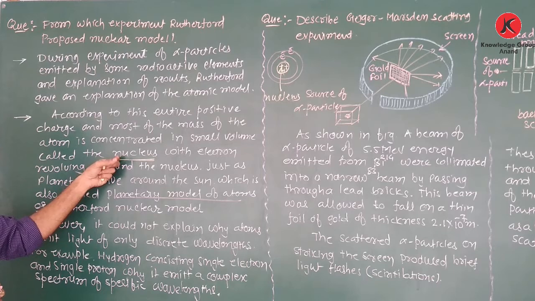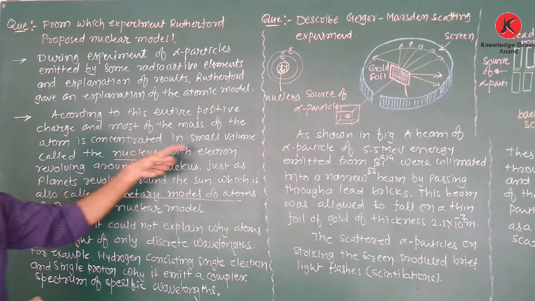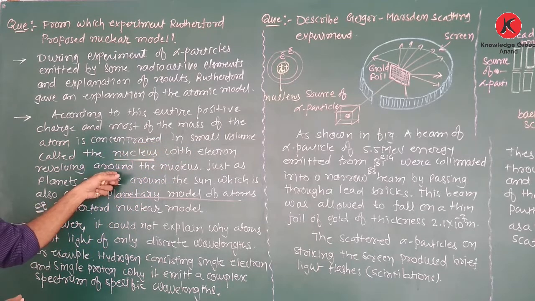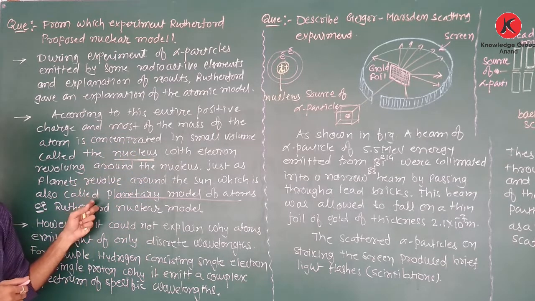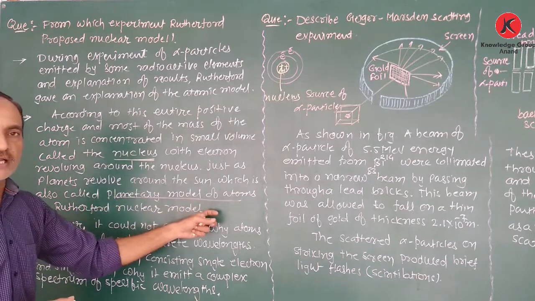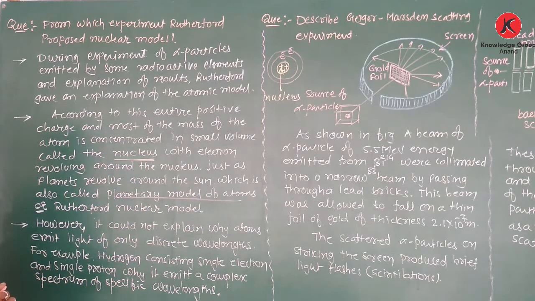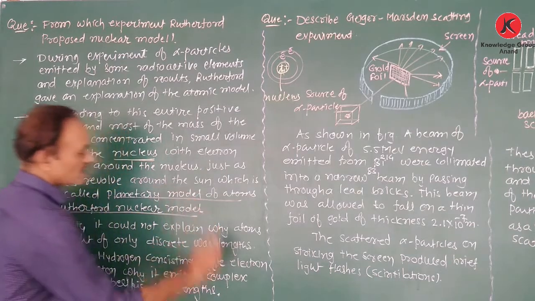This small volume is known as the nucleus, with the electrons revolving around the nucleus, just as the planets revolve around the sun. So this atomic model or nuclear model is also known as the planetary model of atoms, or Rutherford nuclear model.